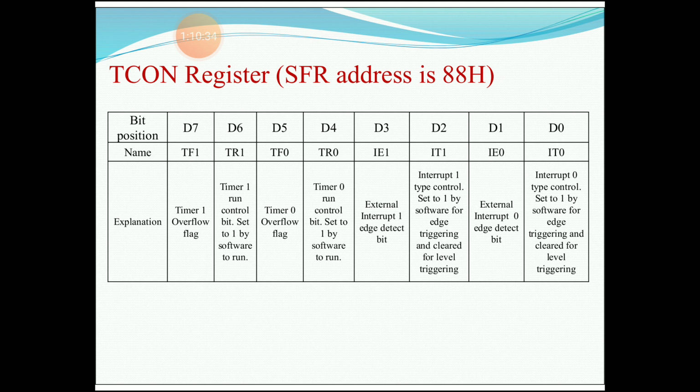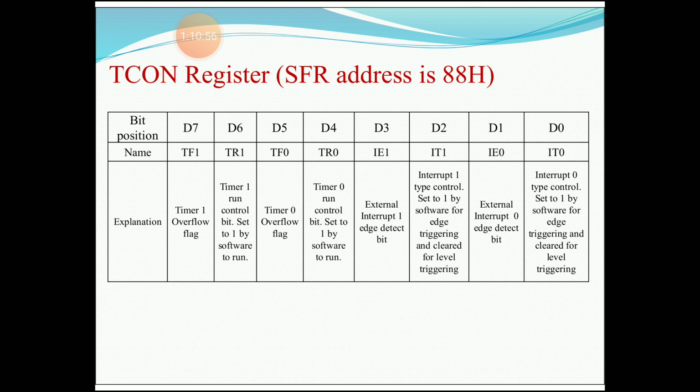IE0 is set to 1 when an external interrupt signal is applied, that is, when INT0 becomes 0. The IT0 bit is set or reset depending upon whether the interrupt applied is edge triggered or level triggered. So IE1 becomes set if an external interrupt 1 signal is detected.